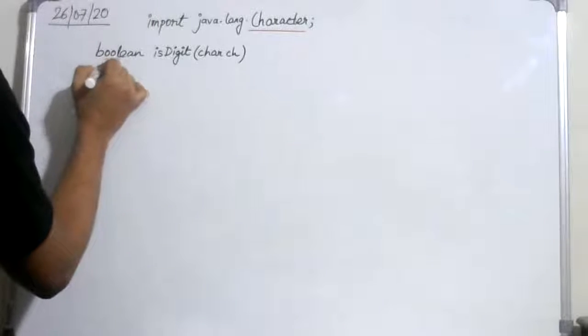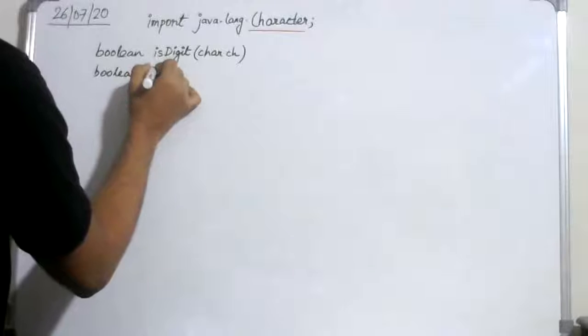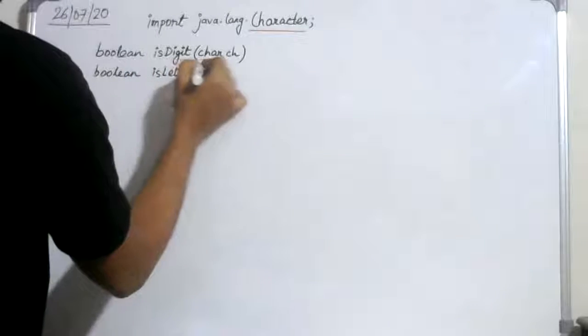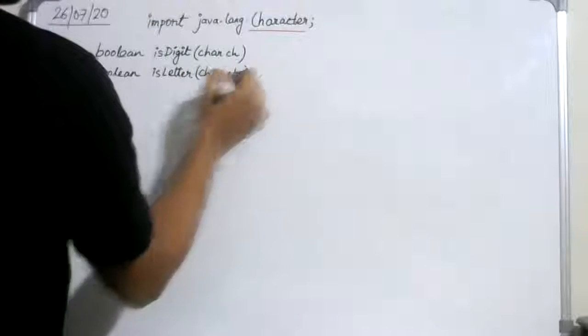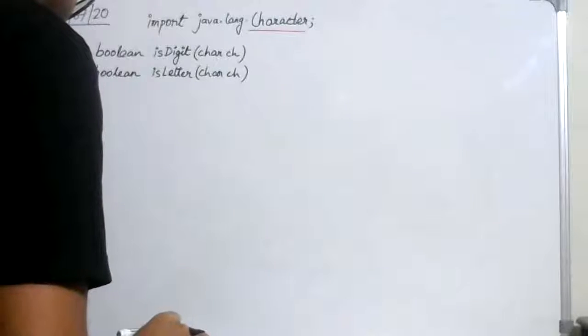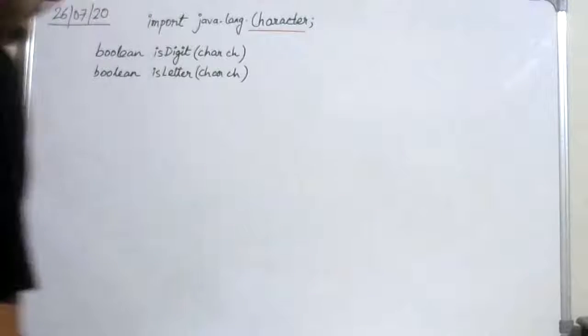So there was Boolean isLetter. Let me list out all the functions that were there for the character operations.